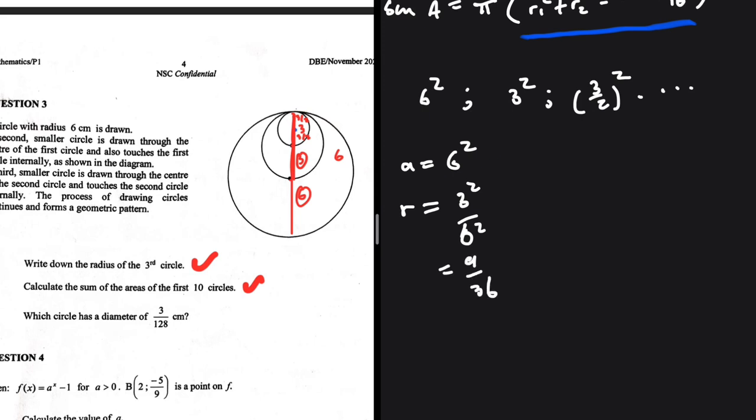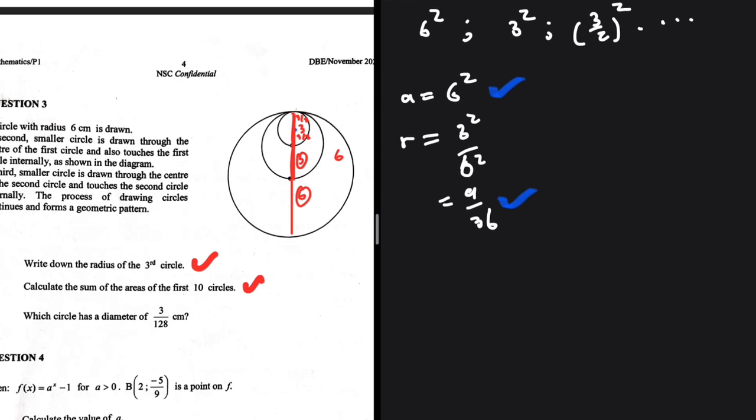So this is A, and then let's find the sum of the first 10 terms of this series, because we are talking about the sum. So to find the sum, we have Sn being equal to, well, let me take my question paper and look at the formula.